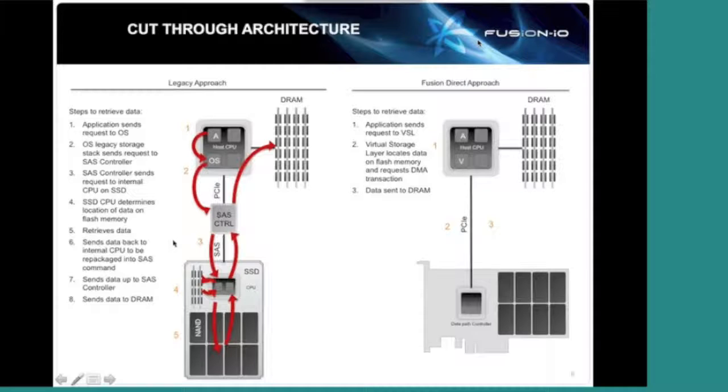As you can see, there are a lot of steps. The application asking for the data, going through several transformations and repackaging, and then finally ending up in RAM. The cut-through architecture of the ioDrive is really what gives us the biggest advantage. In the ioDrive, we literally already have a map of the data.